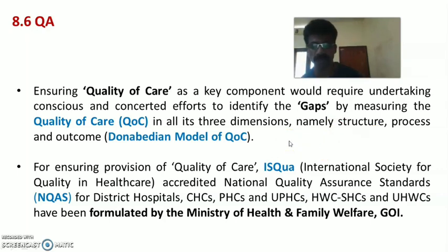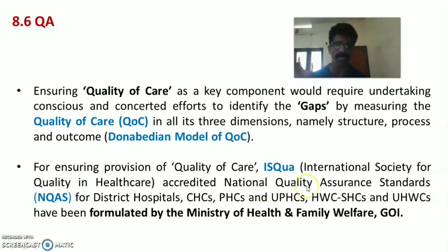Moreover, for ensuring the provision of quality, the Government of India, the Ministry of Health and Family Welfare, has formulated a collaboration with other international and national agencies to ensure quality of care in the health centers. The first one is ISQua, the International Society for Quality in Health Care, and the second one is NQAS, the National Quality Assurance Standards.